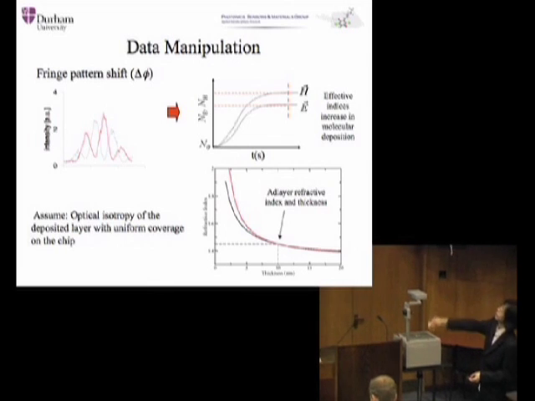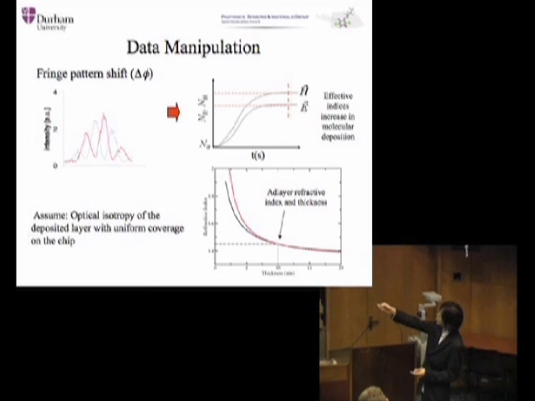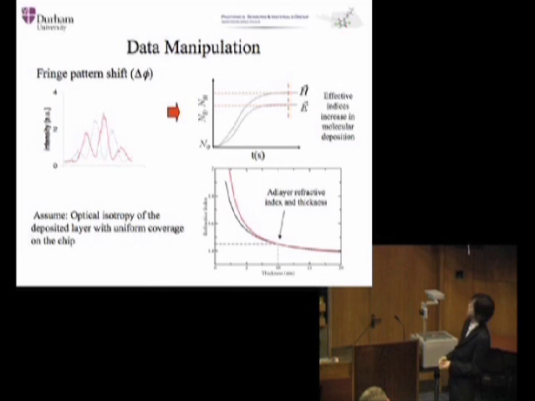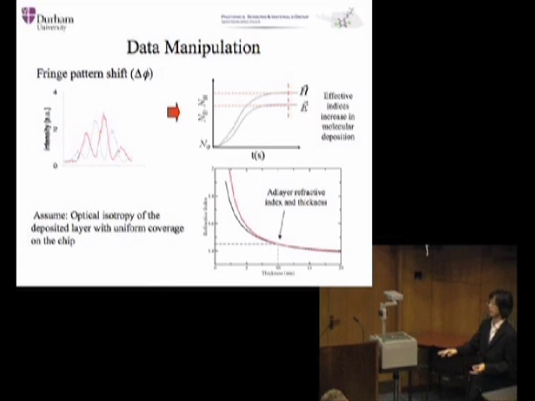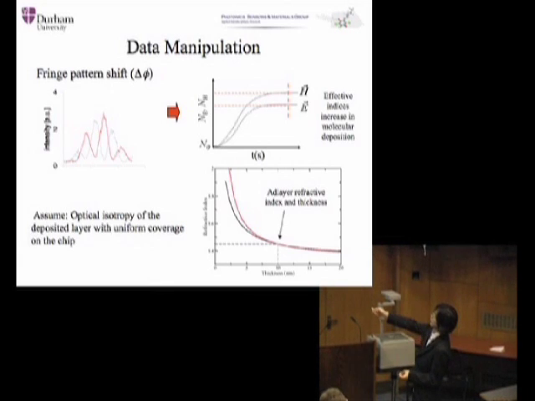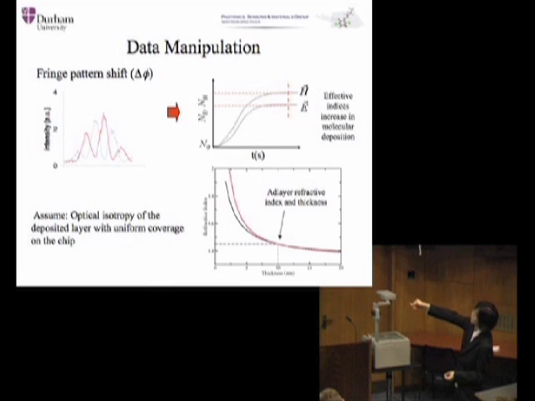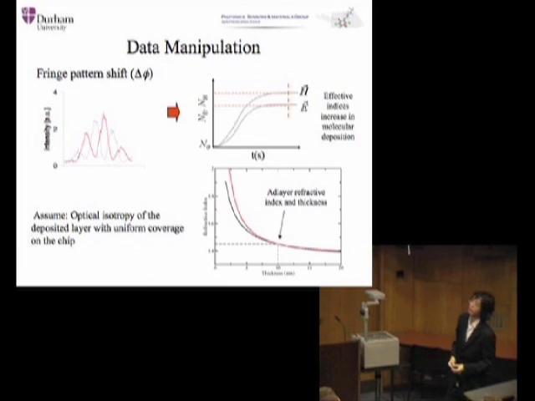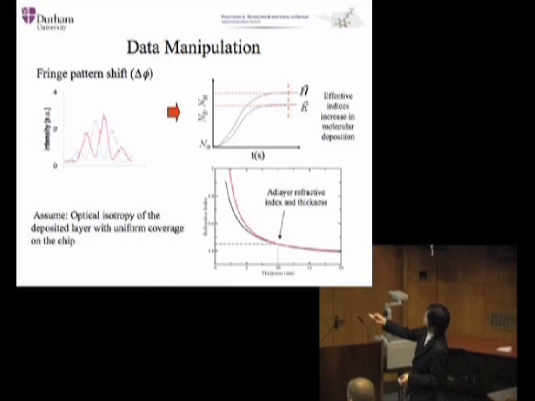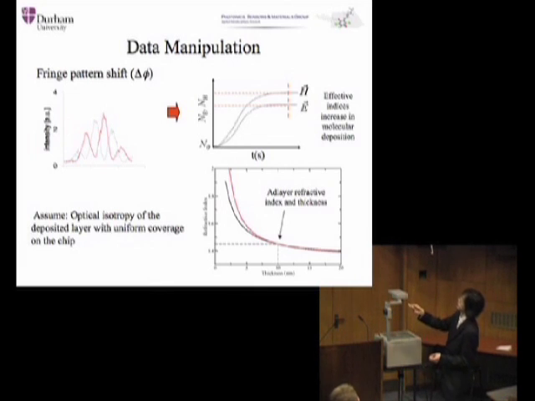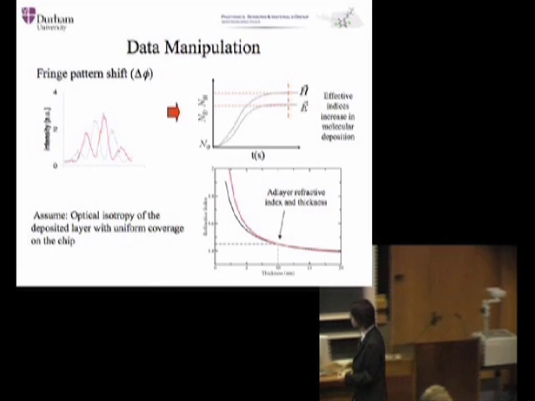So by having a certain pair of values of the effective index, and also by assuming there is optical isotropy of the layer and uniform coverage of the surface, we can get correlation patterns between the refractive index and the thickness of the layer. And what we show here is two correlation patterns for both TE and TM modes for certain values of the effective index in two modes. So the intersection of these two patterns will give you a unique pair of the refractive index and thickness of the layer.